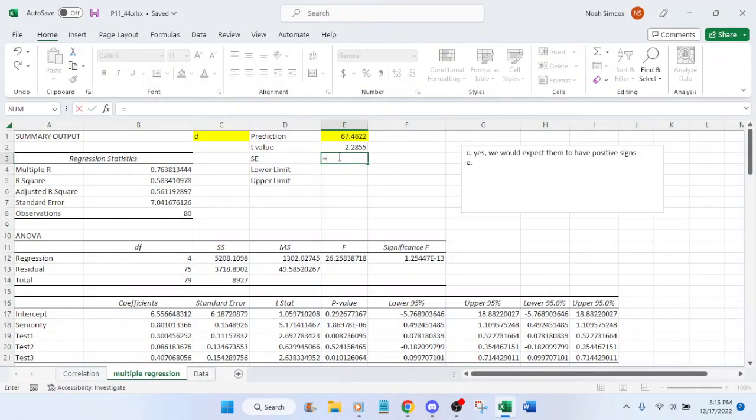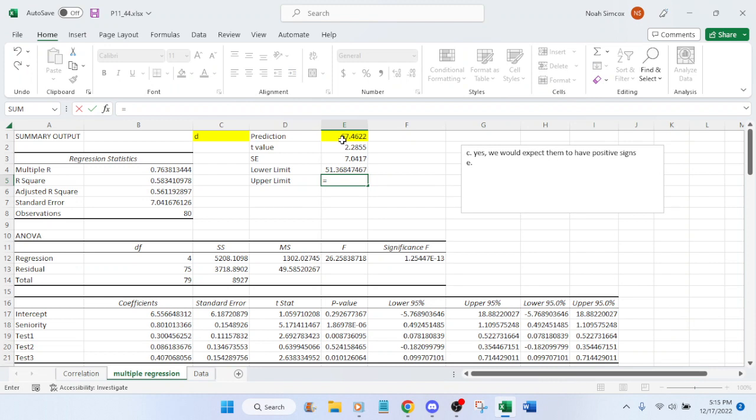My upper is going to be equal to this and 7.04 or something. This equals this minus this times this.